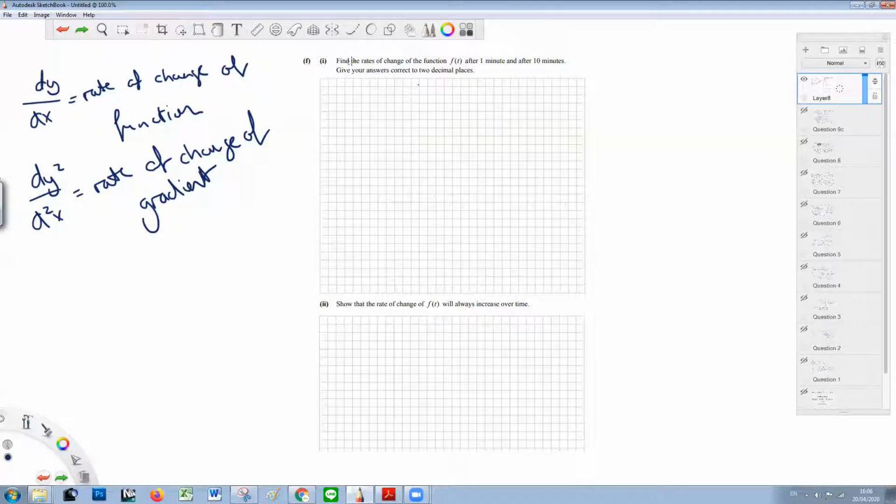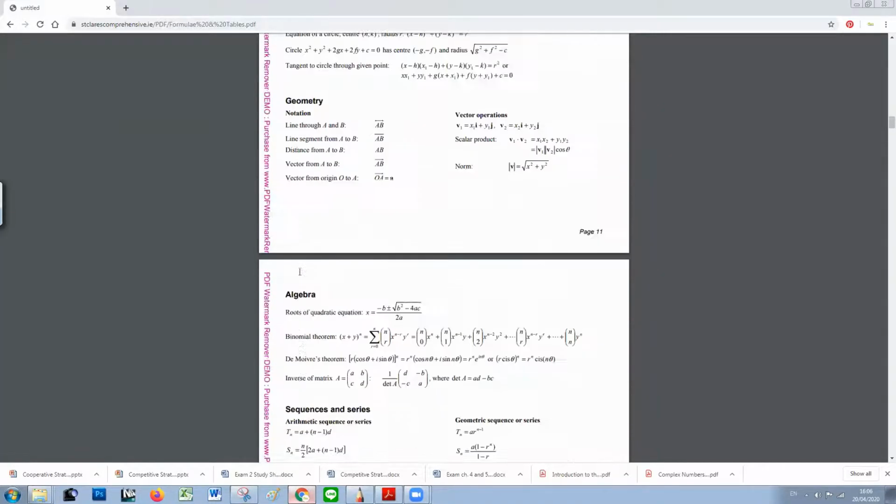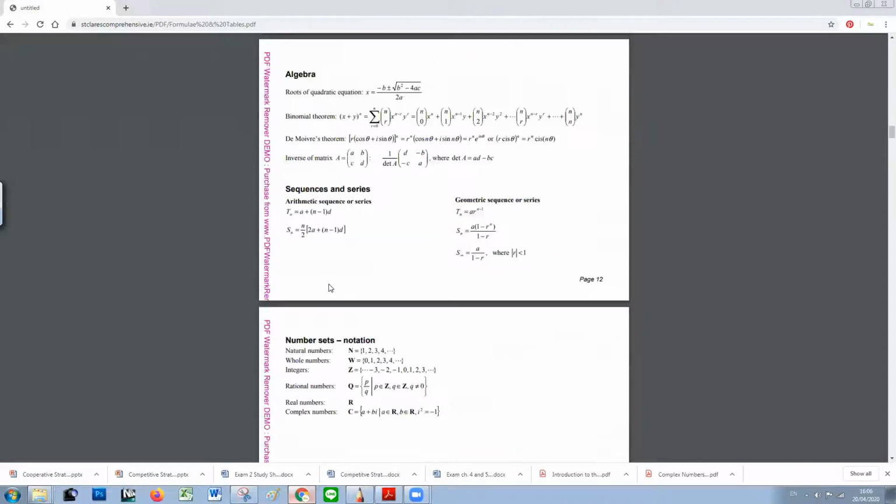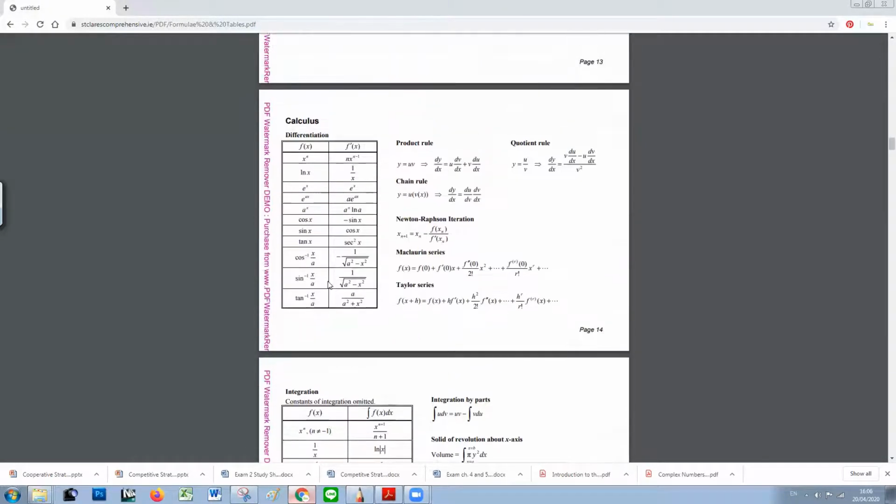So we need to find the rate of change of the function. So y is equal to A e^(kt). And in order to find the differentiation of that, we go to our tables, to the calculus part. Sorry, wrong way. And we go to the e.